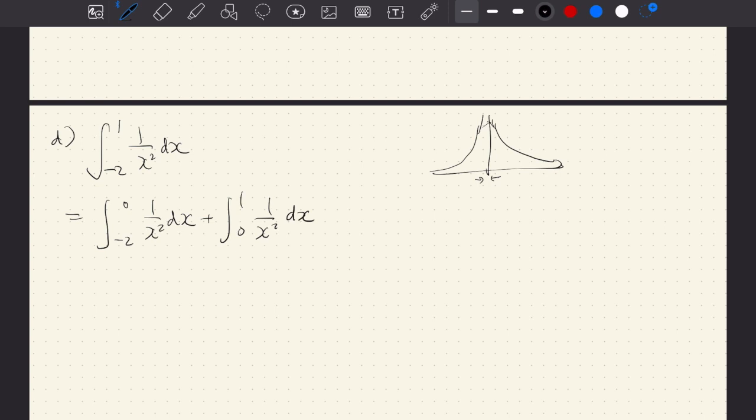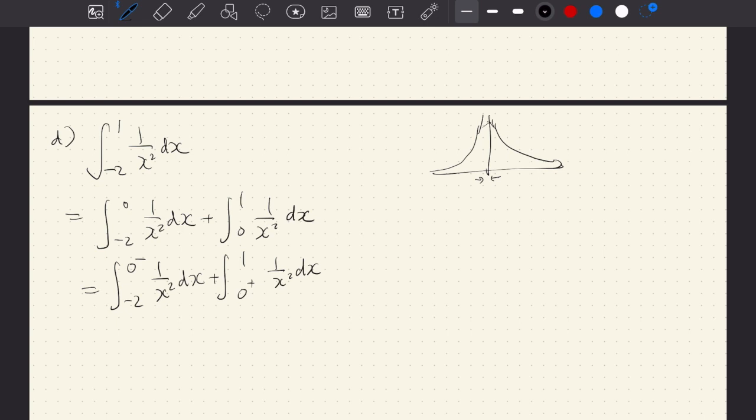And we know that at 0, it has an infinite discontinuity, so you can write this as 0 negative, and here as 0 positive, to remind you that after you find the antiderivative, you have to take the right limit or left limit.